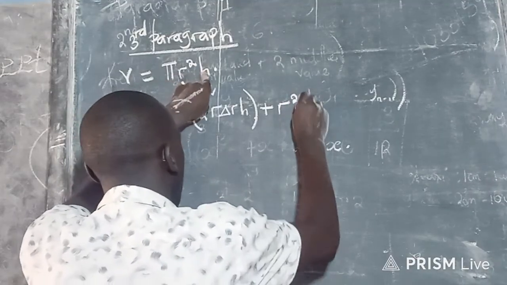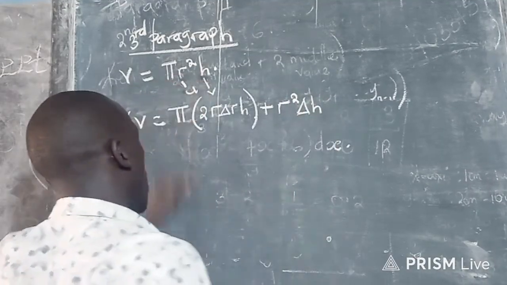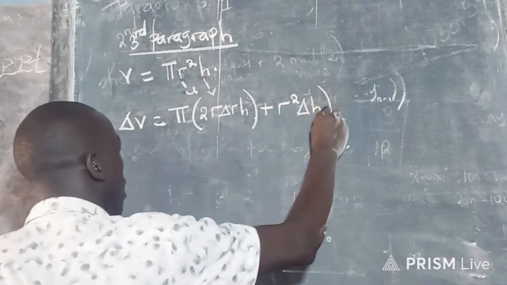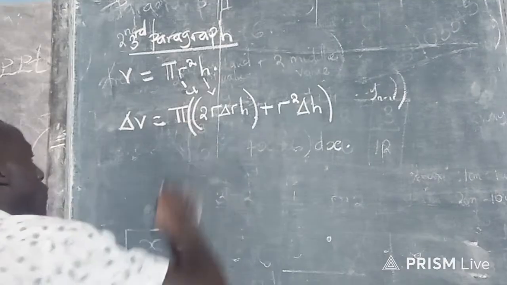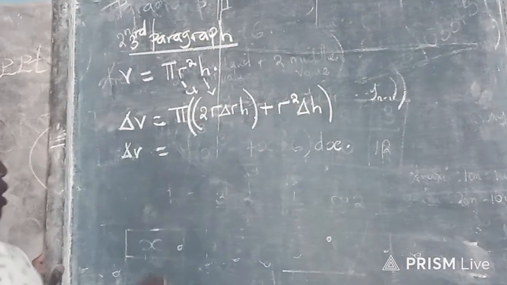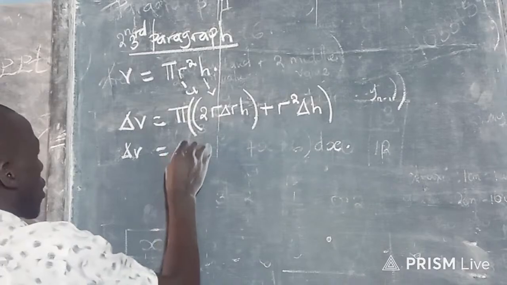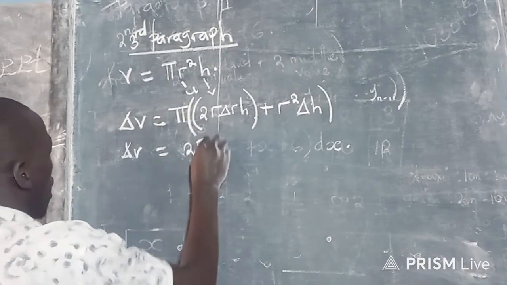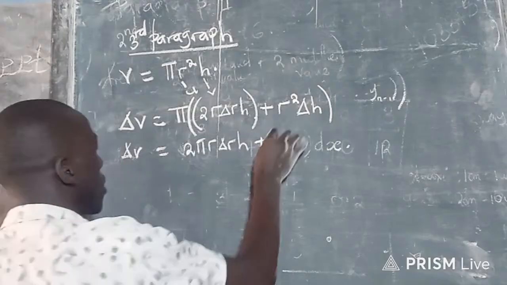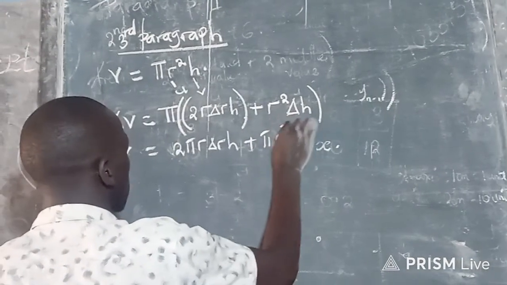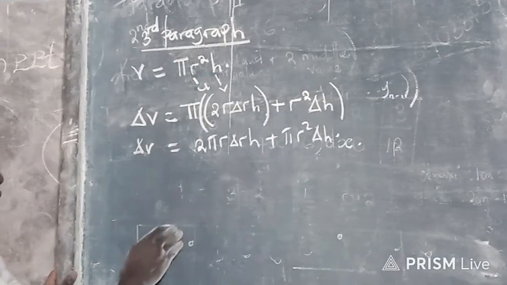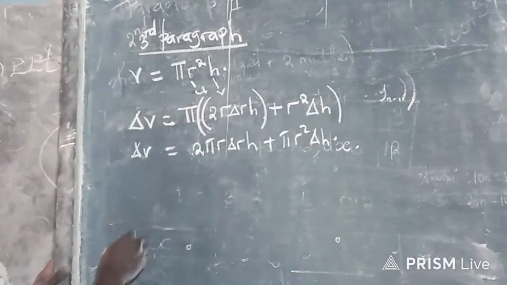If I differentiate the H, it will go to be a 1, which means we will have the R squared, the H. So in the change of V we have pi times the change in R of H plus the change in H times R squared.